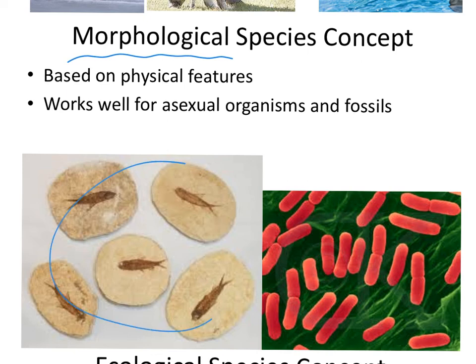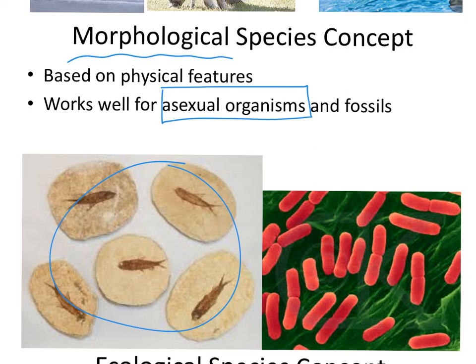These fish here all kind of look similar. Maybe they were all the same species. We don't know for sure because that population of fish is extinct now. This definition also works well for asexual organisms. An organism that's asexual doesn't need a mate to produce a baby.